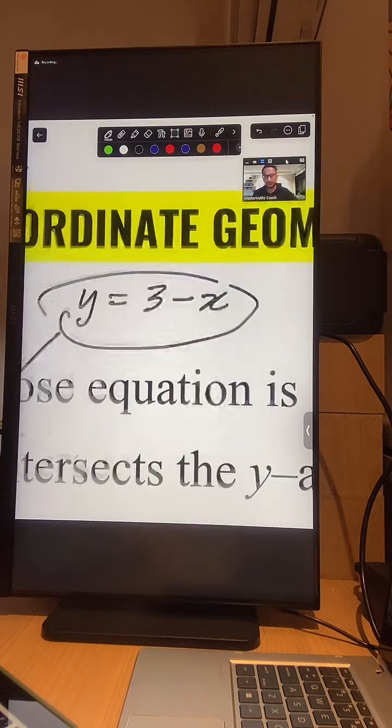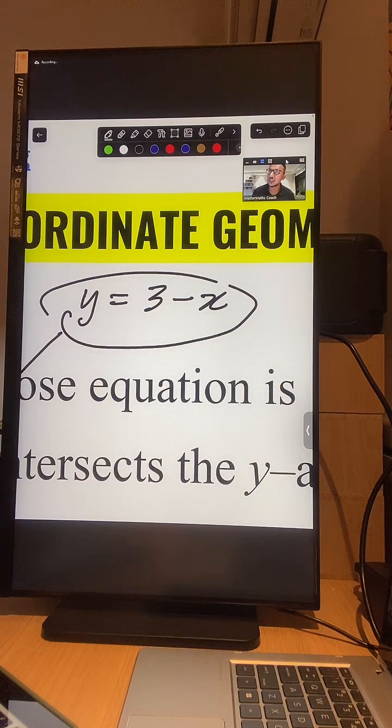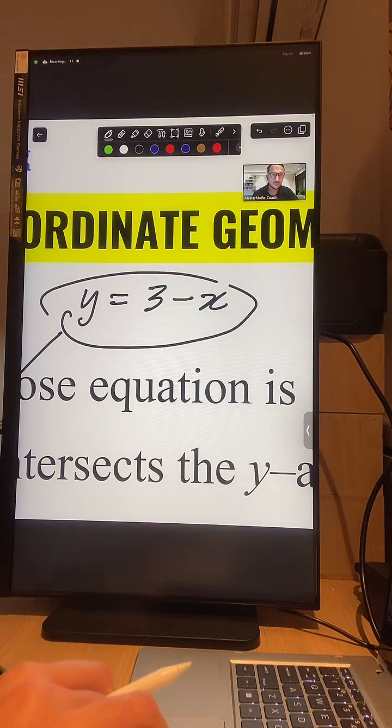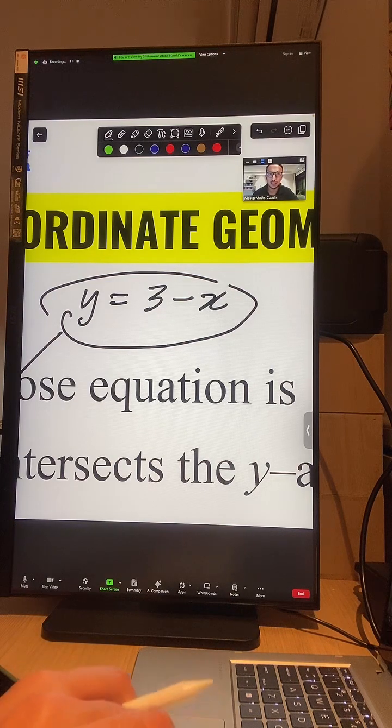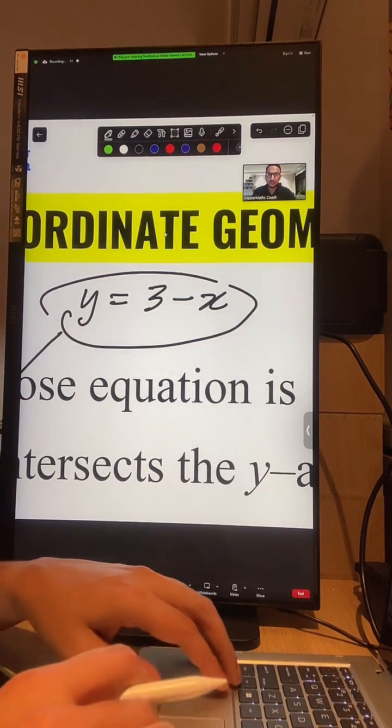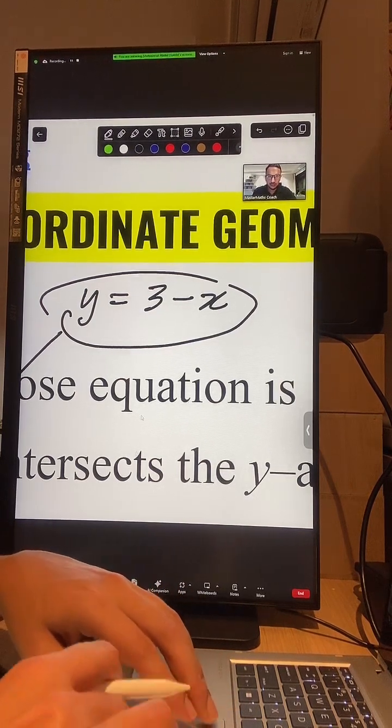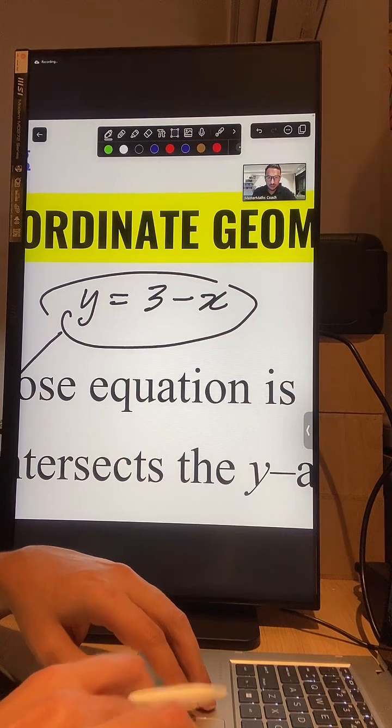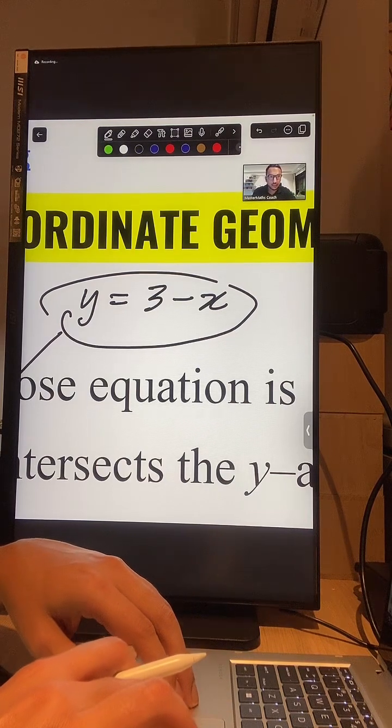Okay, who can tell me? Let's see whether you are paying attention. What is the m in this case? For this particular equation, what is the m? Anybody? What is the m, guys?